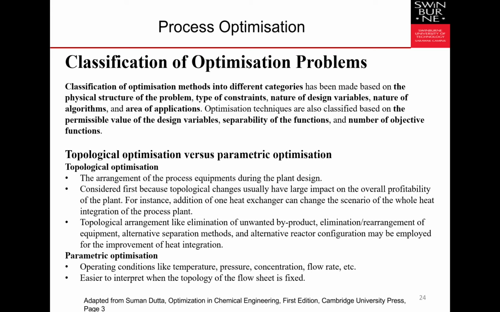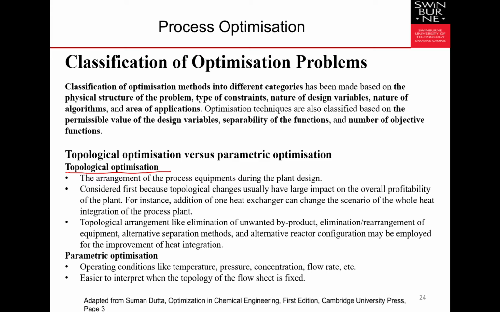Then we have to look into the different nature of the optimization problems. Okay, the first one will be the topological optimization versus parametric optimization. So in topological optimization, it generally considers the arrangement of the process equipment during the plan design.